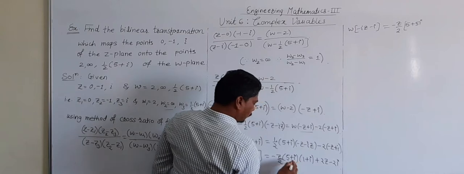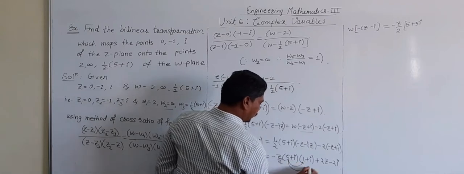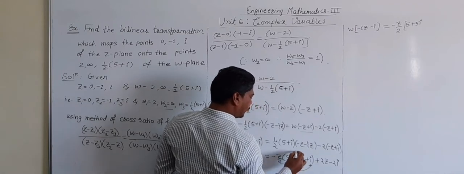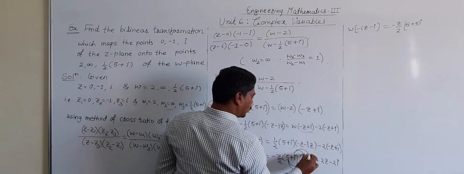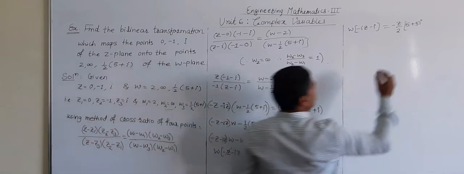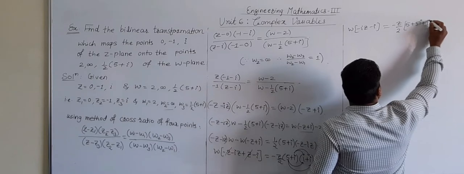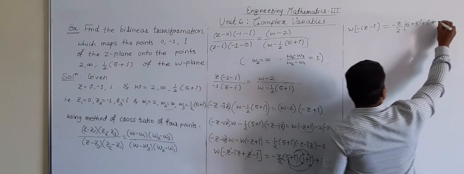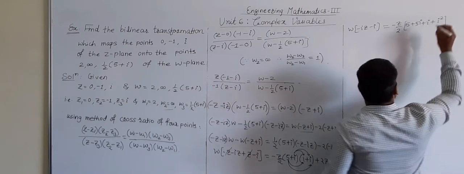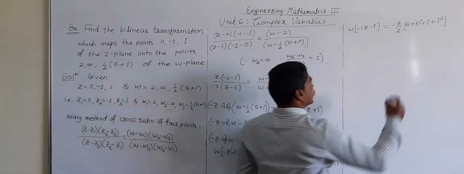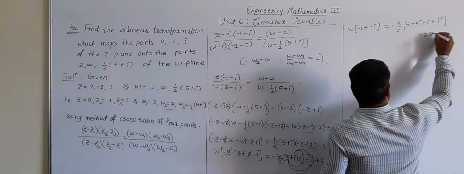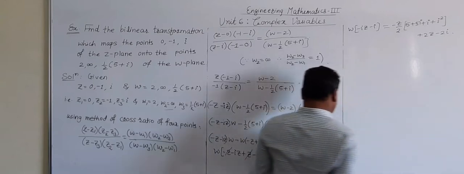Then multiply 5 to both terms of the second bracket and then i by both terms. So i into plus 1 becomes plus i, and then plus i into plus i becomes i squared, bracket complete, and plus 2z minus 2i as it is.